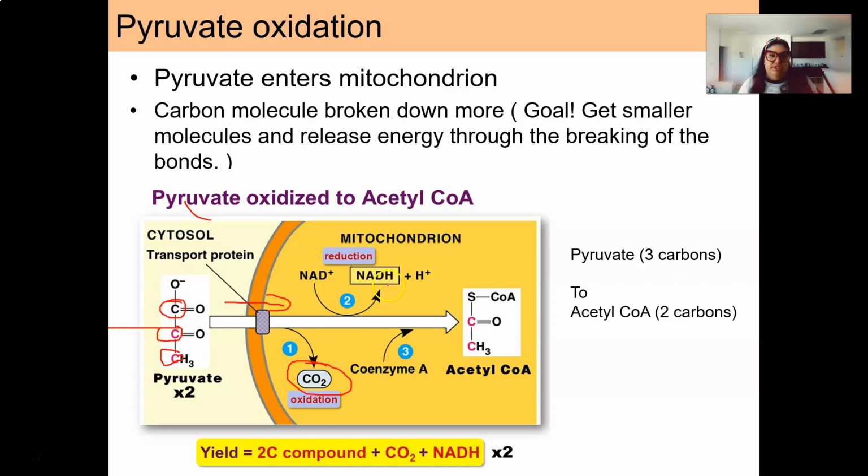We reduce NAD. What does reduction mean for our electrons? We're adding electrons, right? We need this to carry electrons. So it gets added electrons. NADH is now carrying some electrons. Here's our coenzyme A, which is a protein that helps our reaction along.